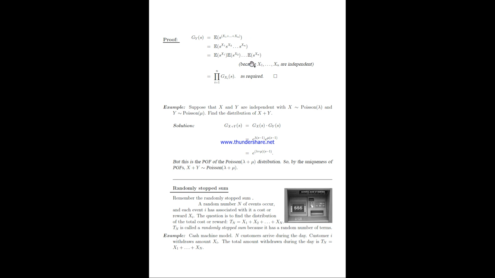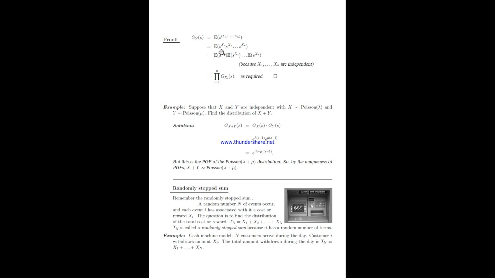Since these are independent, I can take the expectation for each and every random variable separately. So that is expected value of s to power x1, expected value of s to power x2, likewise expected value of s to power xn.